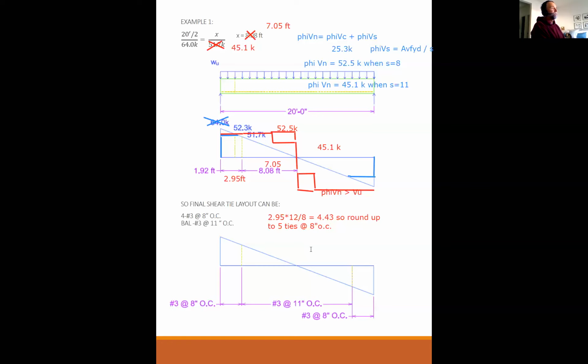And that was 52.3 kips. Got it. So the shear capacity would be 52.5. Yes. So when it dropped from 64 to 52.5, you ran the red line across, and the distance is 7.05 feet? No. What is that distance?